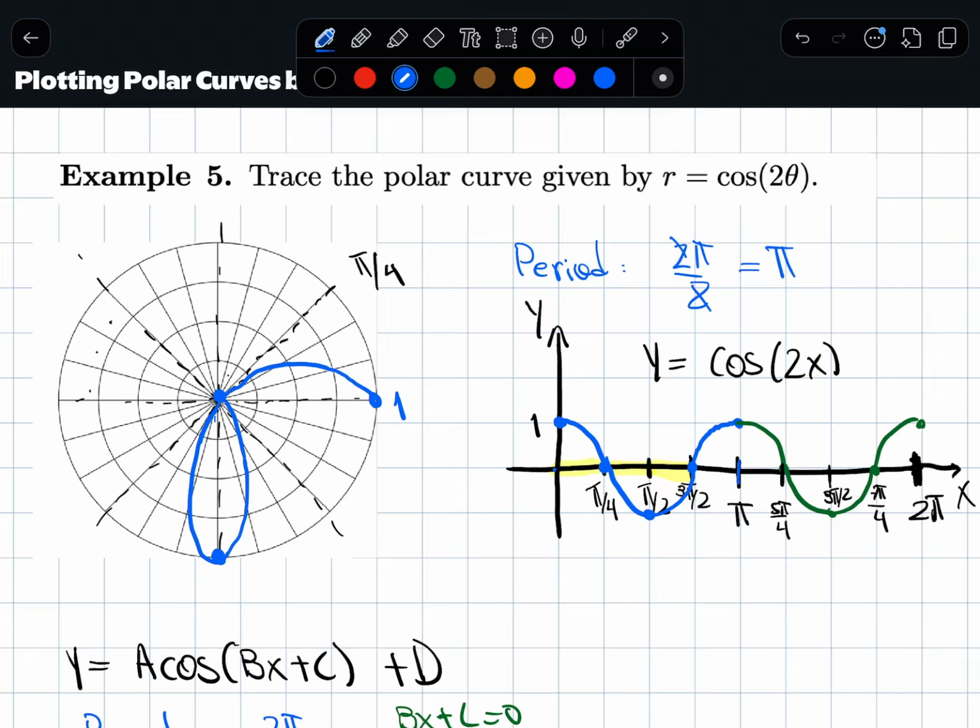And then after that, it's going to grow back to 1 until we get to pi. So something like this. And then after that, it will decrease from 1 to 0 again.